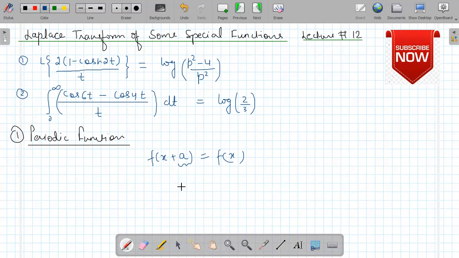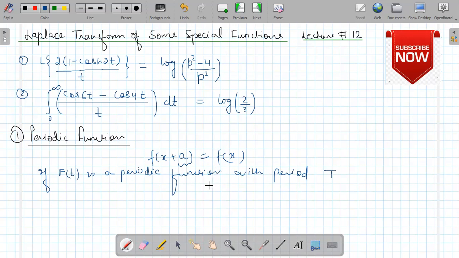We can also denote the period by capital T. So if F of t is a periodic function with period T. All the trigonometric functions, for example, are periodic functions like sine theta, cos theta.